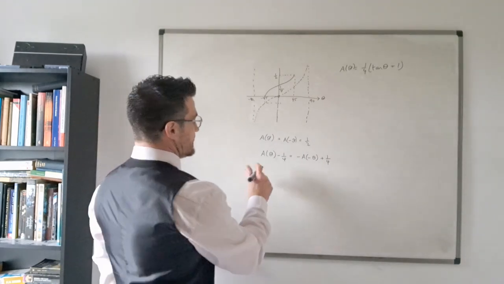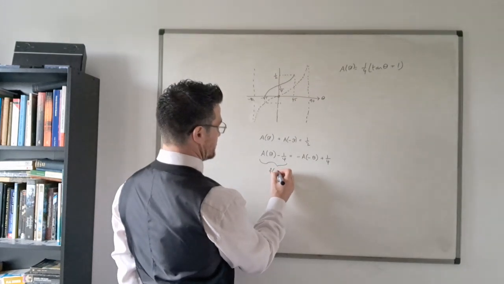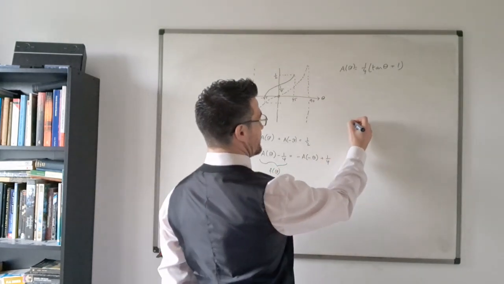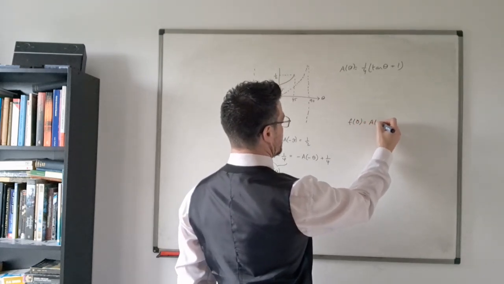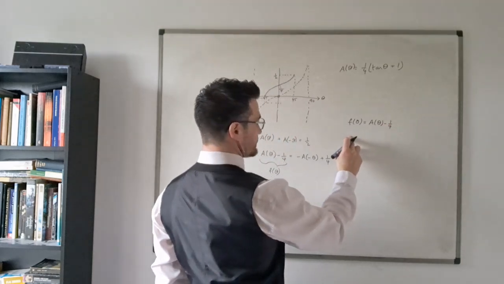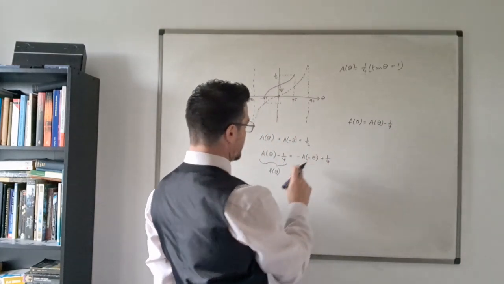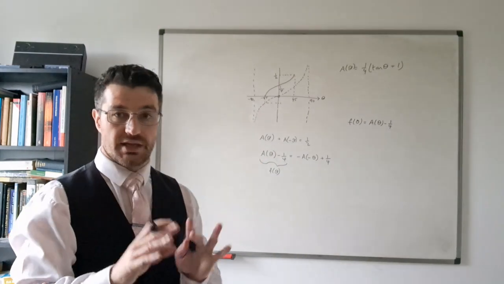Okay, so let's say this is f of theta, right? So we've got f of theta is equal to a of theta minus a quarter. So in other words, f of theta is a translation of a of theta. Bear that in mind.